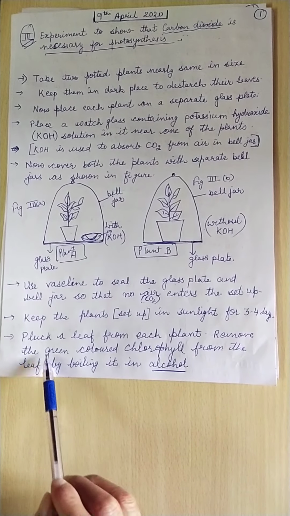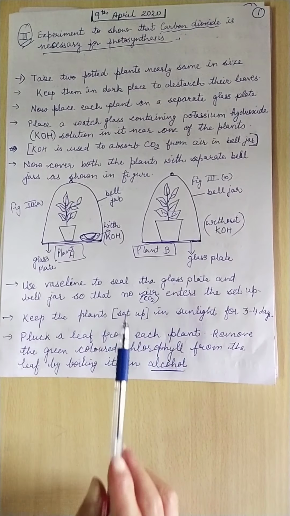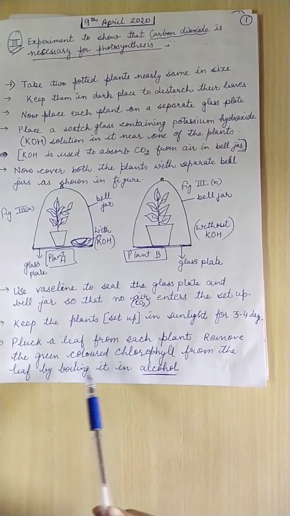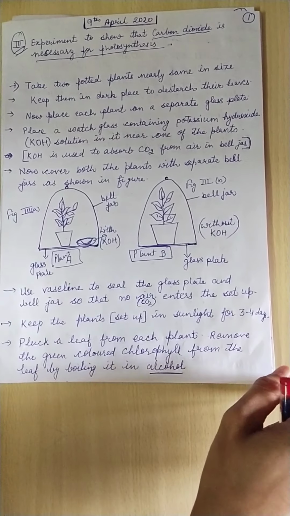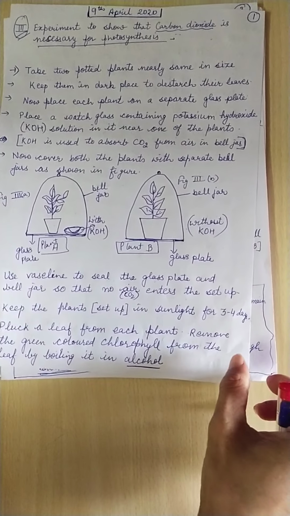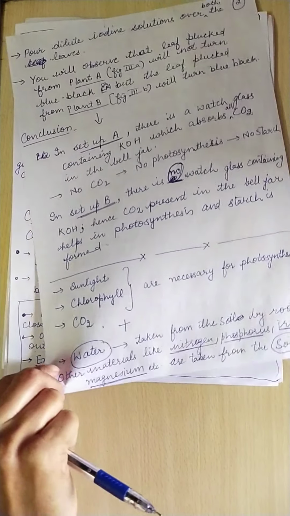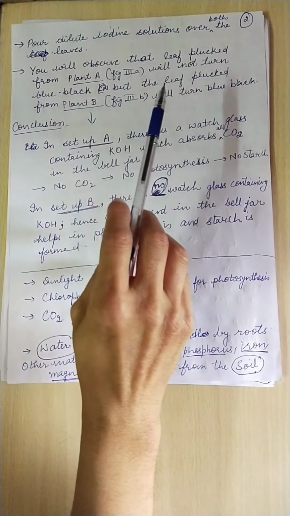After 3 to 4 days, pluck a leaf from each plant and remove the green colored chlorophyll from the leaves by boiling it in alcohol as we did in the previous experiments, because chlorophyll interferes with the test of the starch. Now after that, pour iodine solution over both the leaves.